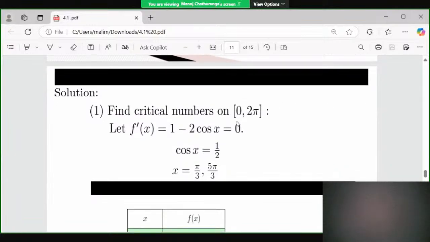Suppose we are given the derivative, not the function. If the derivative is 1 minus 2 cosine x, then to find the critical points, we look at zeros of the derivative. If the derivative is 0, cosine x is 1/2, then you draw the unit circle and see where you have cosine x equals 1/2.